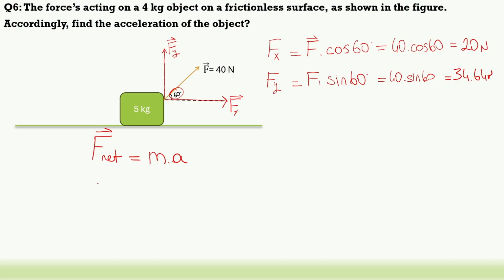So F net is Fx, the x component of the force, and this equals m times acceleration. Fx is positive 20 Newton because it is in the positive direction, equals m, which is 4 kilogram, times acceleration. From here, the acceleration of the box is 5 meters per second squared.